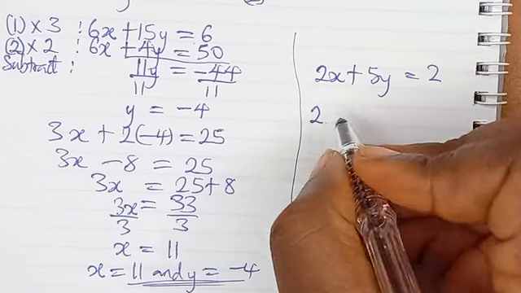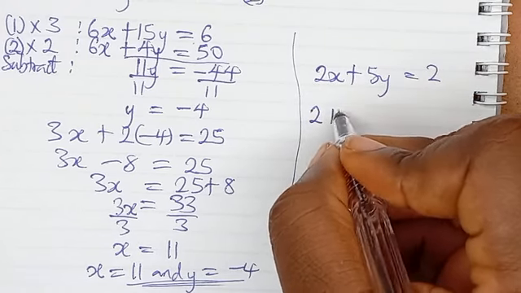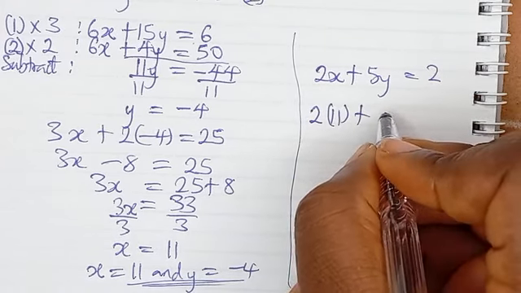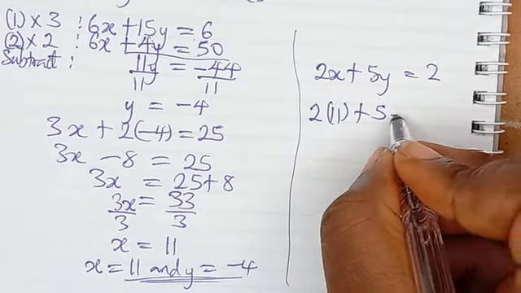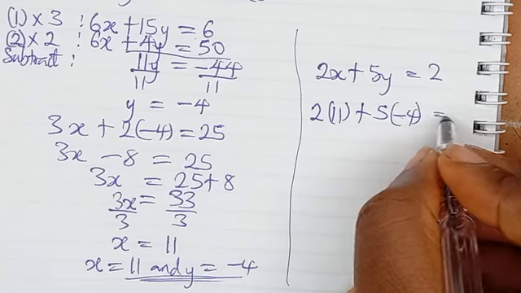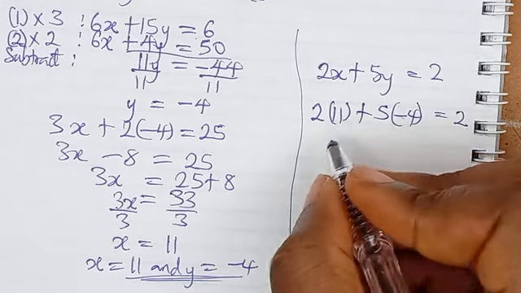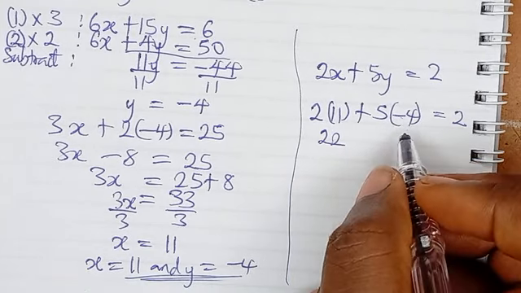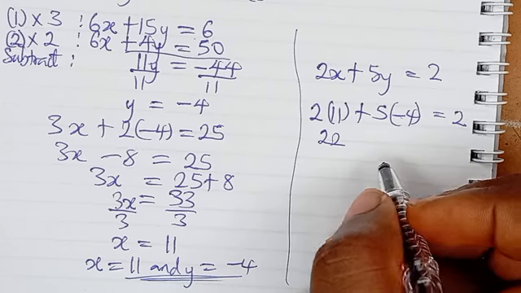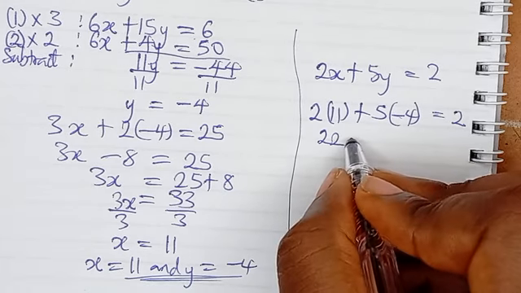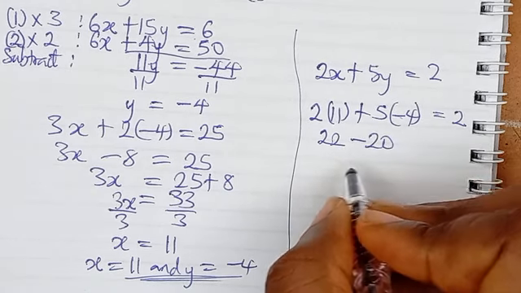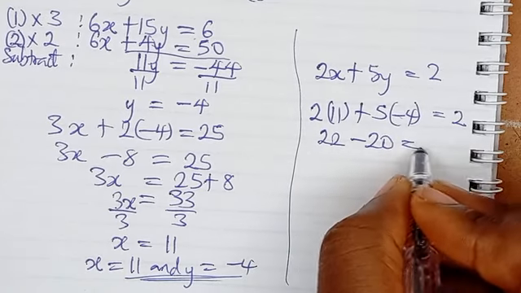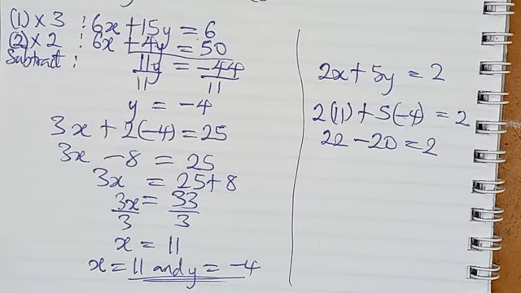We have that 2 into 11, that's the value of x, plus 5 into -4. Let's see if it will give us 2. 2 times 11 is 22. Now 5 times -4 is -20. So 22 minus 20 is equal to 2. Therefore, we can see that the solutions we have are correct.